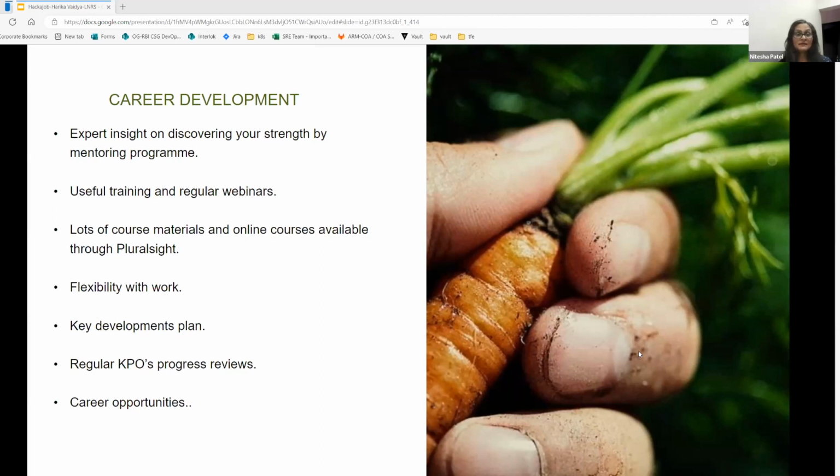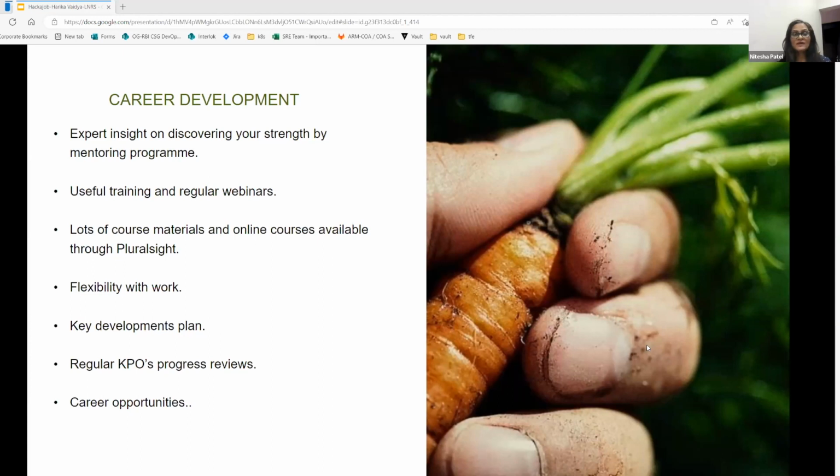Every year you get key development plans, setting the personal objectives you want to develop for the year. You set these goals at the beginning of the year with your manager, and those goals align with your personal interest and the business as well. Once you set these goals, if there is any training available to develop those skills, you can ask for it, and it will be provided depending on the situation.